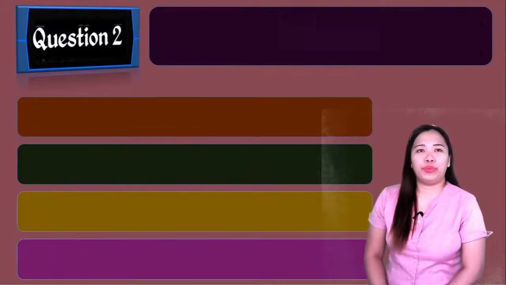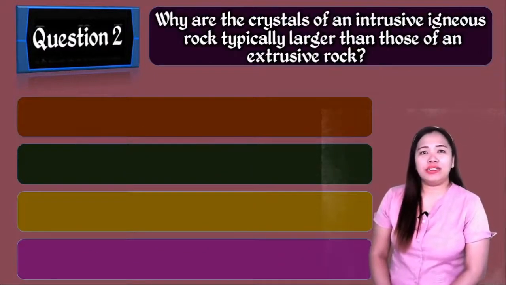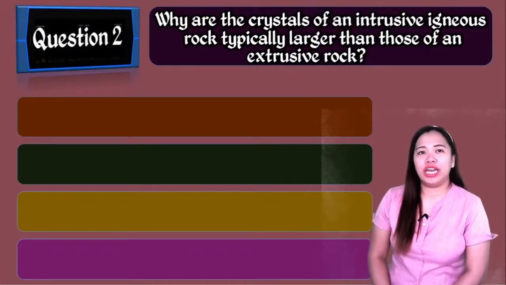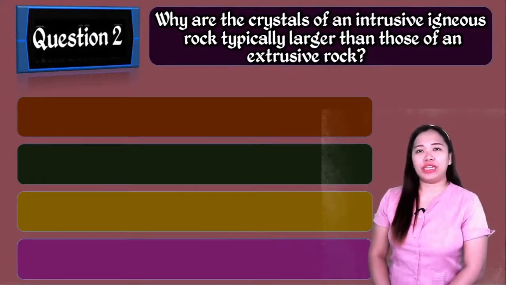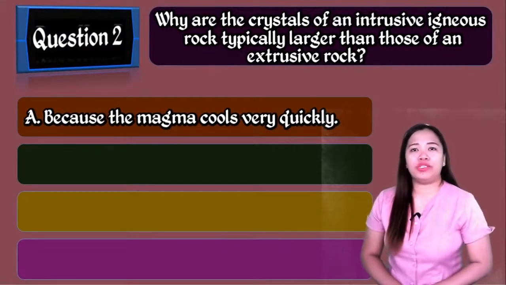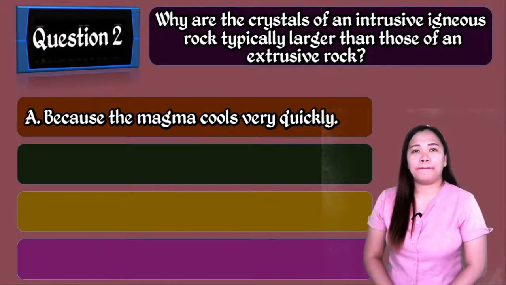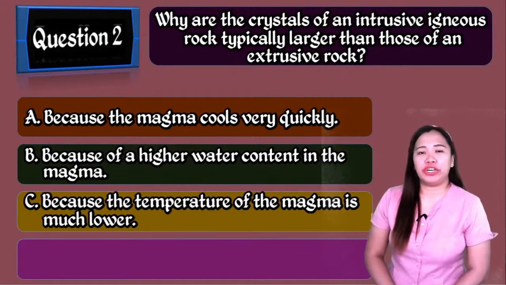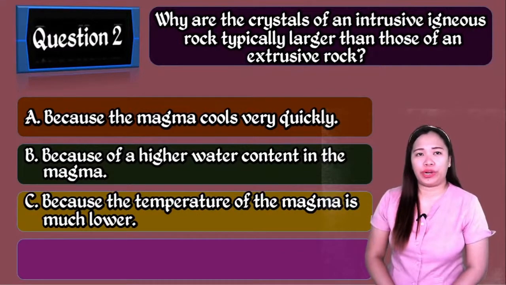Question number 2. Why are the crystals of an intrusive igneous rock typically larger than those of an extrusive igneous rock? A. Because the magma cools very quickly. B. Because of a higher water content in the magma. C. Because the temperature of the magma is much lower.